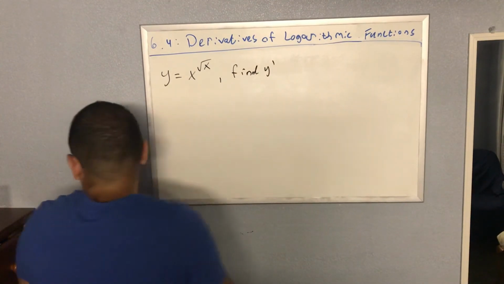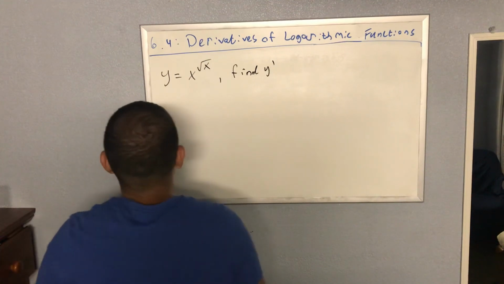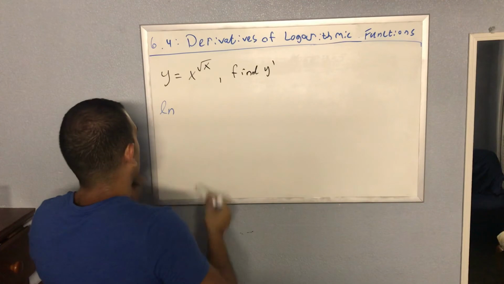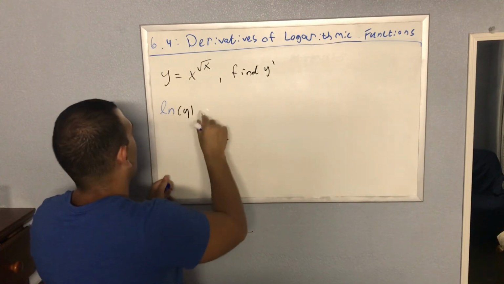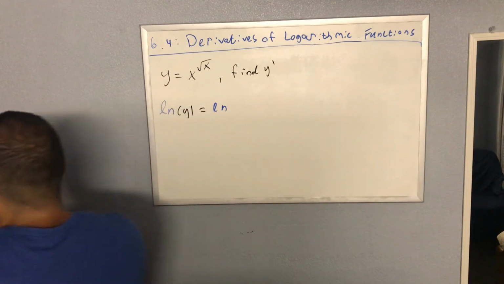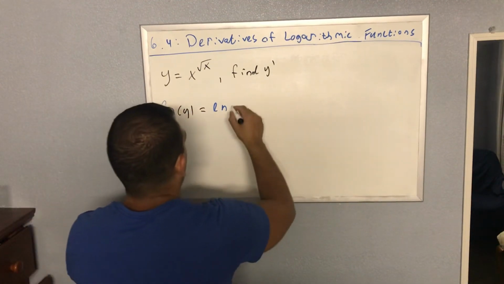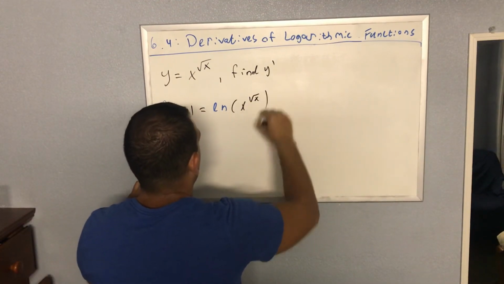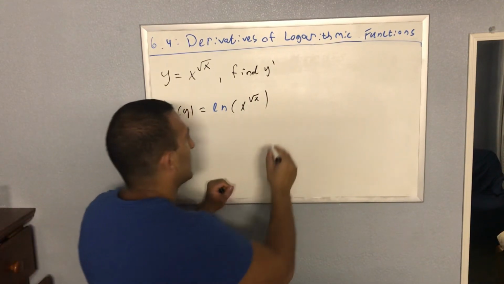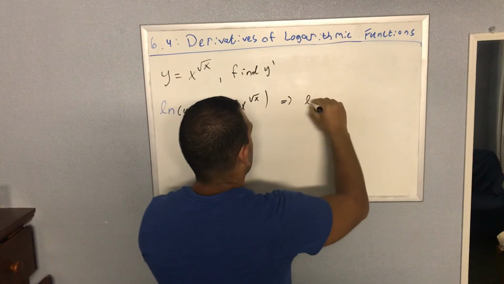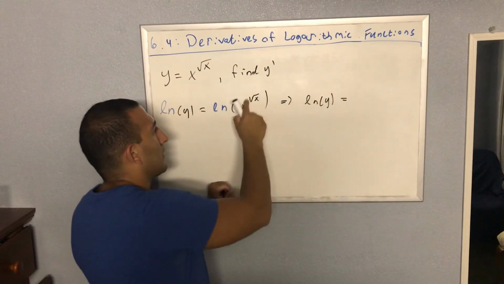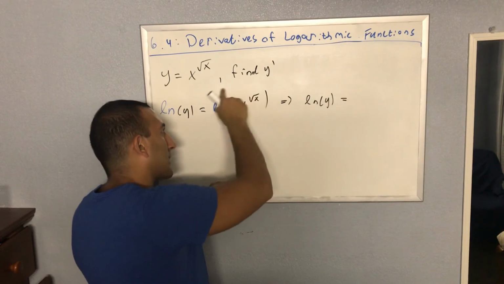So again, step one is you take the ln of both sides. So you take the ln of y, and that's the ln now of x to the root x. And you might be like, why is this helpful? Well, notice that this doesn't change anything, ln of y here, but again, because of the power law, this exponent comes out in front.